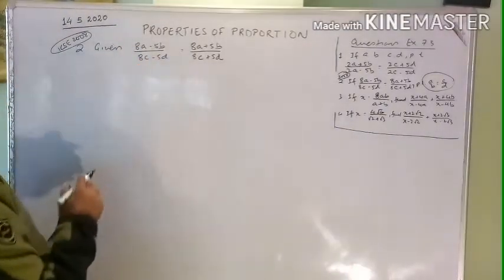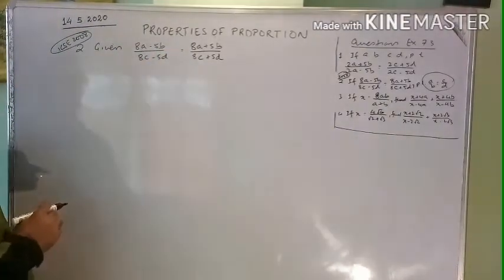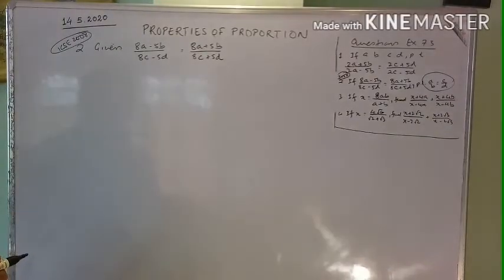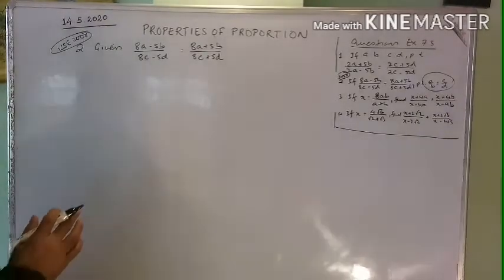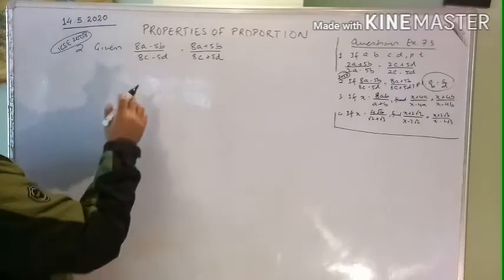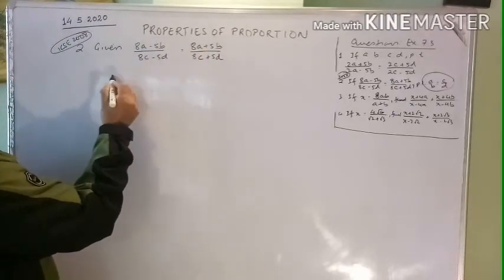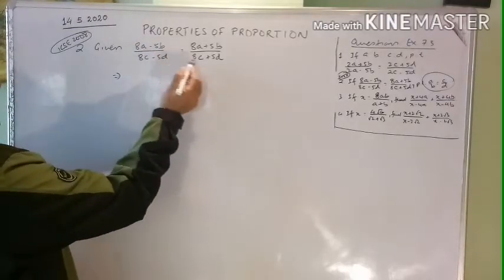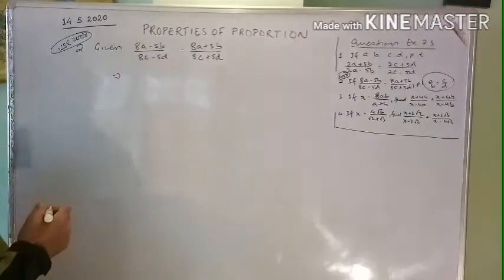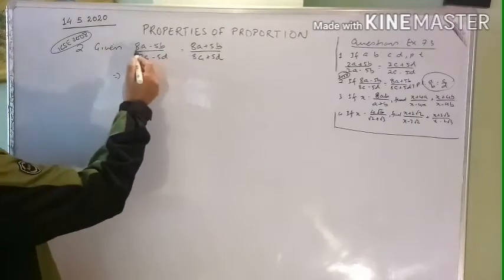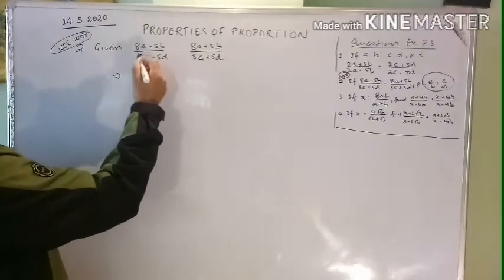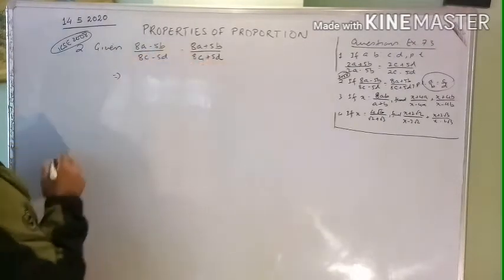Okay. So here, now don't cross multiply. What to do? Use property componendo and dividendo. But remember, when you use componendo dividendo, this AB terms must be on the same side. So what you do? Use alternando here. Bring 8C here because C and D here, and take this 8A minus 5B down here.